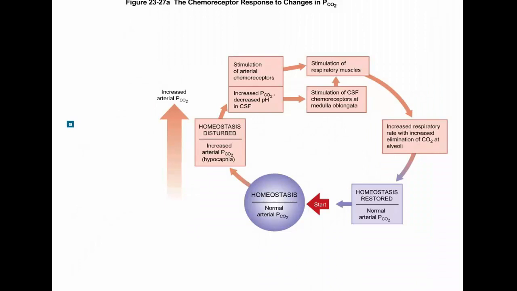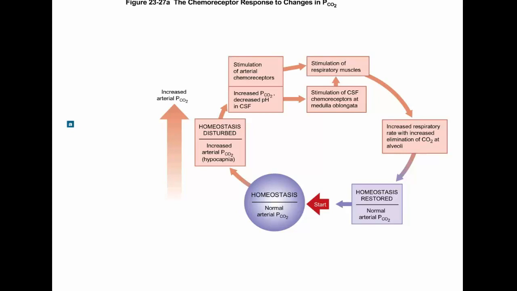This results in the stimulation of the arterial chemoreceptors, and this increases the partial pressure of carbon dioxide in the cerebrospinal fluid, which also causes a decrease in pH. So with the pH decreasing, it is becoming more acidic. Both of these result in the stimulation of the respiratory muscles, and an increase in cerebrospinal fluid chemical receptors at the medulla oblongata will also cause a stimulation of the respiratory muscles.